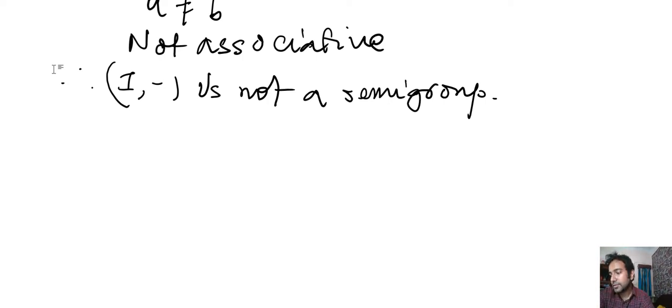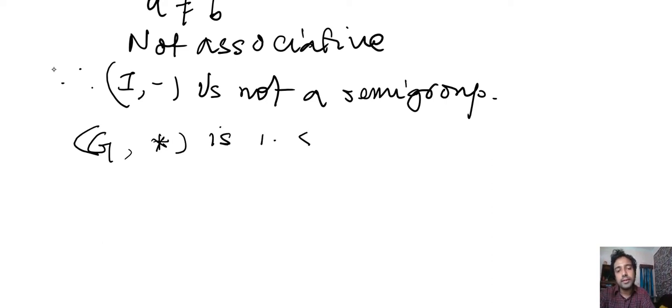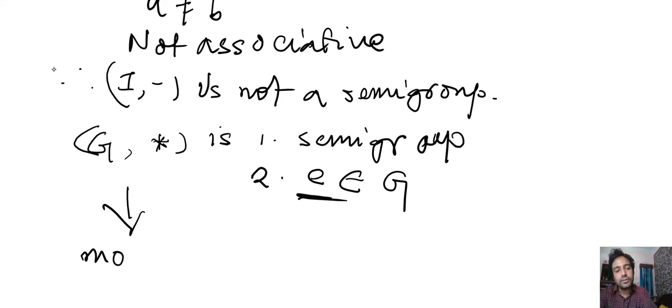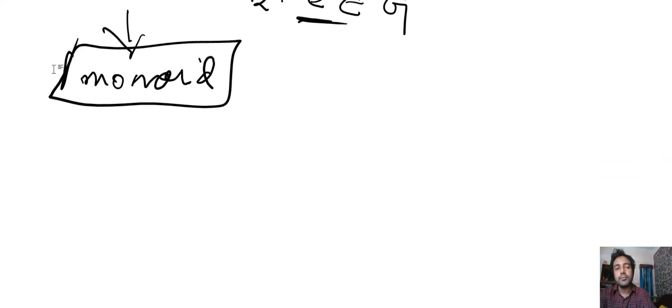The next thing that we have is this algebraic structure G star, which is, one, a semigroup, and two, E belongs to G, so it has an identity element. This kind of algebraic structure is called a monoid. M-O-N-O-I-D, monoid.